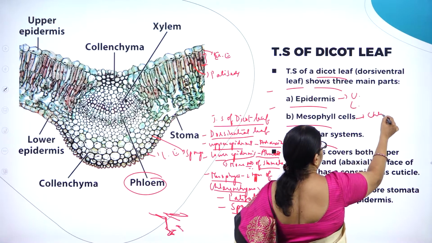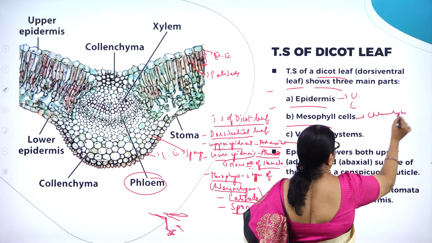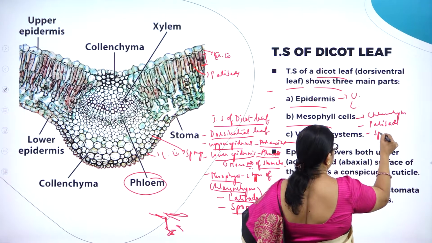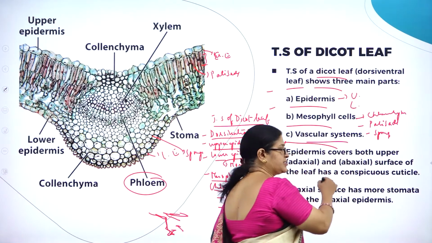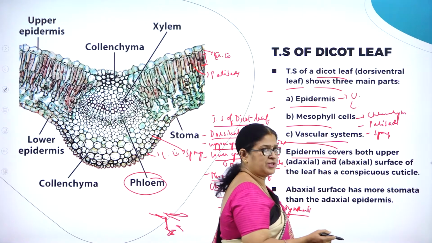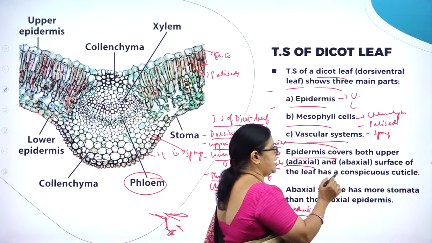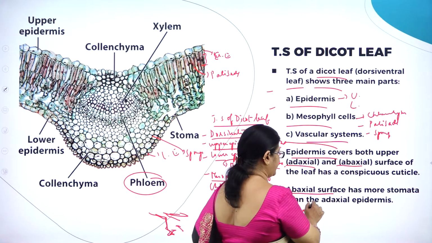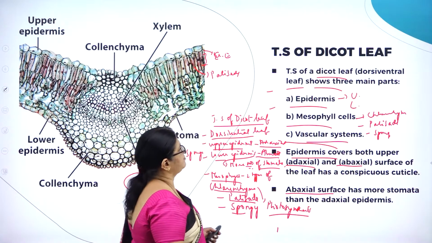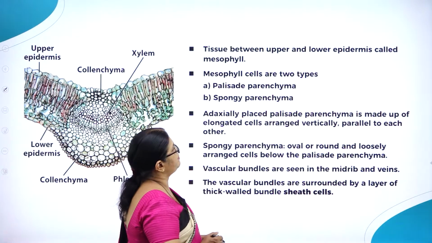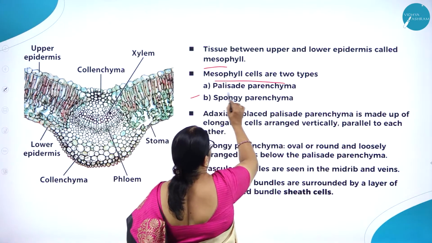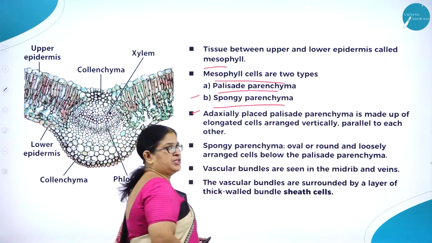Mesophyll, chlorenchyma, of two types: palisade and spongy. The abaxial surface has more stomata than the adaxial epidermis. The tissue between the upper and lower epidermis is called mesophyll, and its cells are of two types: palisade parenchyma and spongy parenchyma.